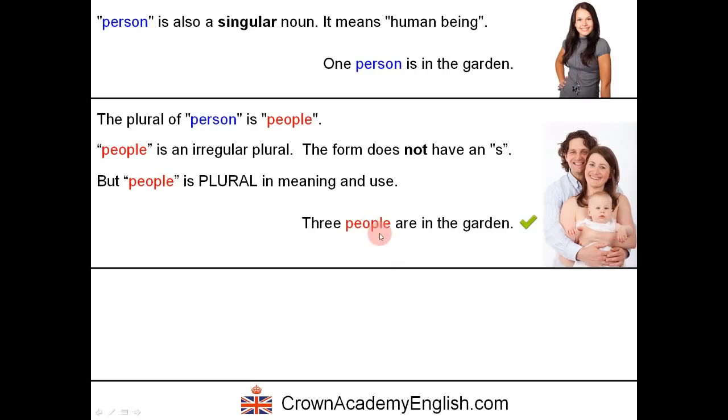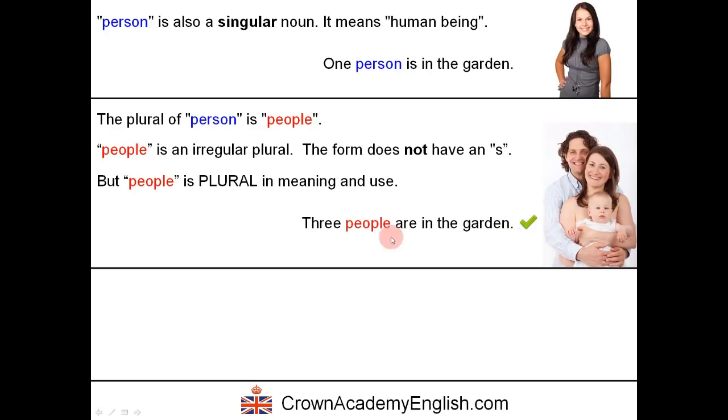So remember, this is a plural form. Even though there's no S, this is a plural form, and it's a plural use and meaning. So the verb also takes the plural form. Here we have the verb be, again, in the third person plural. Are. 3 people are in the garden.